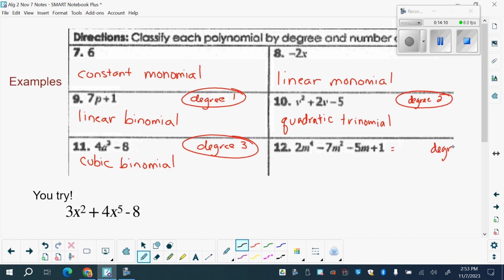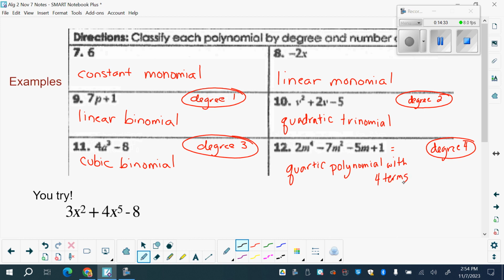So degree of 4. So that's quartic. And we don't have a specific name for 4 terms, so it's a polynomial with 4 terms.